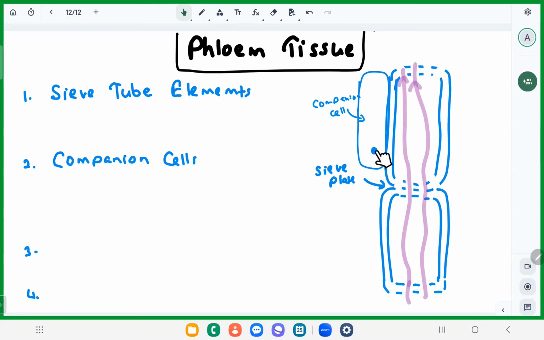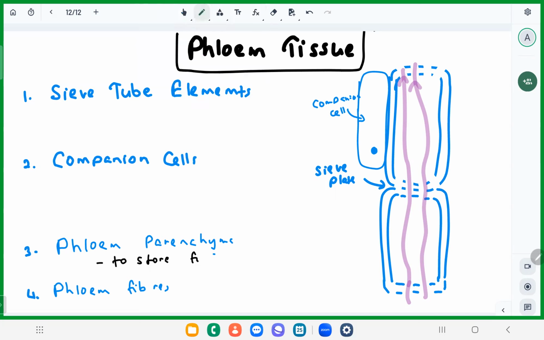And then in addition to the sieve tube elements and the companion cells, the phloem tissue, just like the xylem tissue, has phloem parenchyma and phloem fibers. And just like in the xylem tissue, the function of the phloem parenchyma is to store food, and the function of the phloem fibers is to provide support.